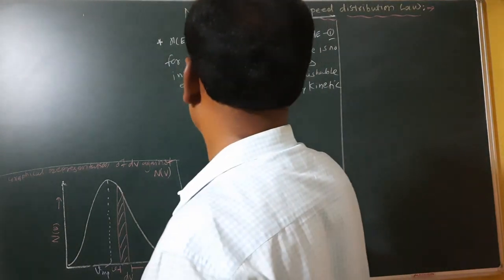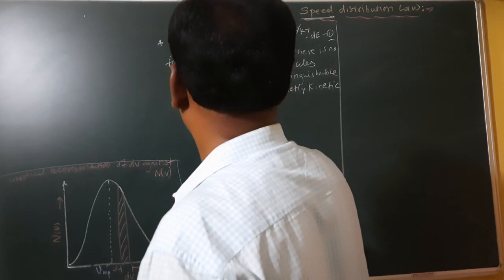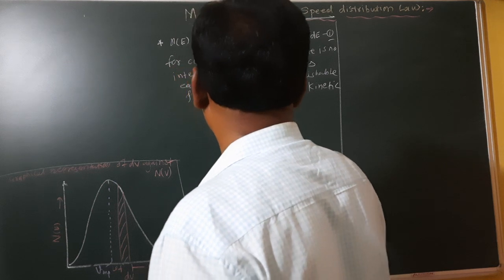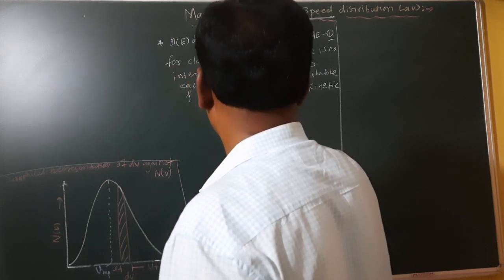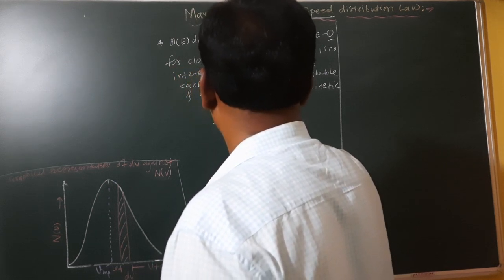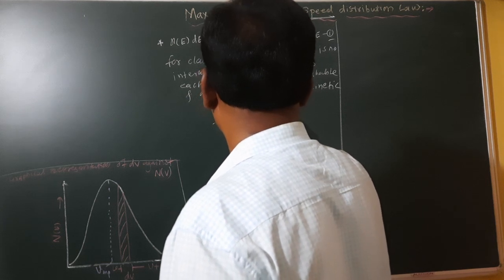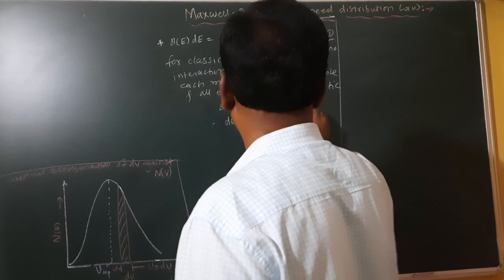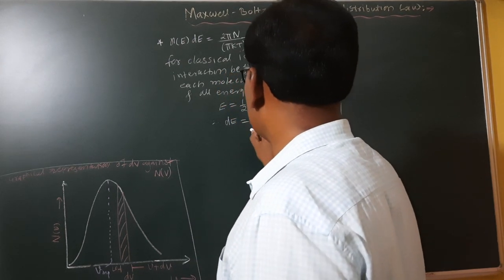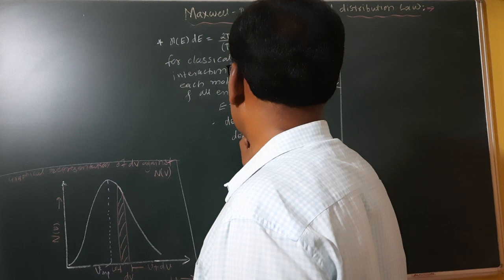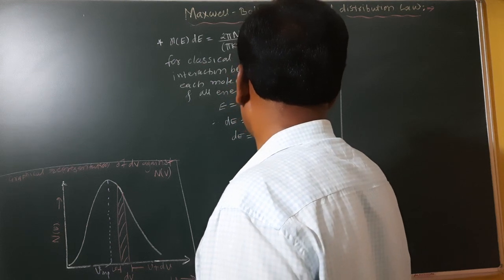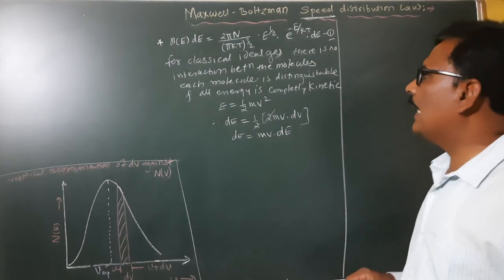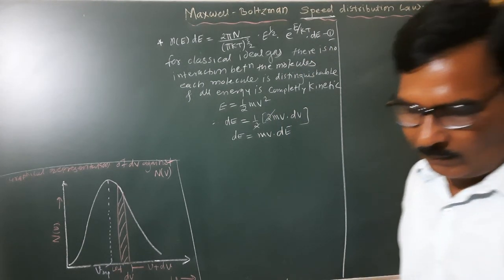Therefore, differentiating, dE = ½ × 2mv dv. The 2 gets cancelled, so dE = mv dv. Now substitute this value of E and dE in equation number 1.